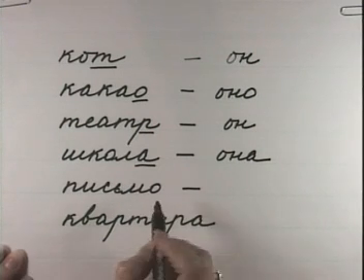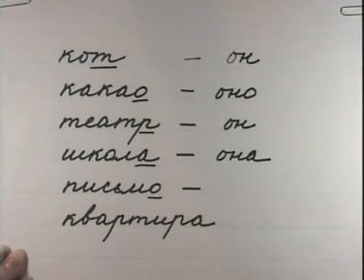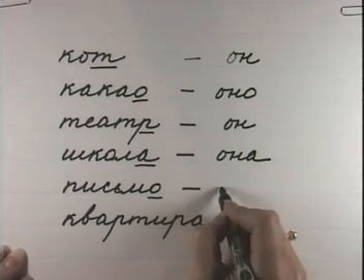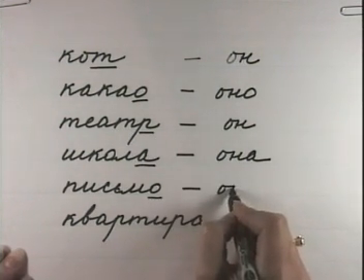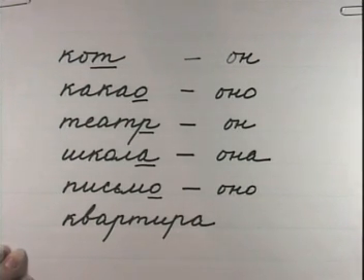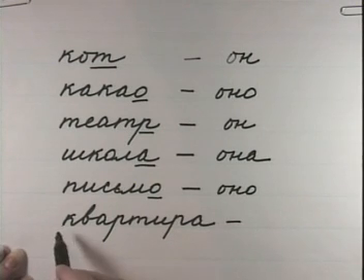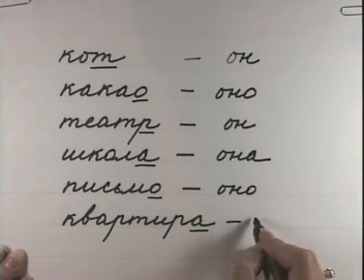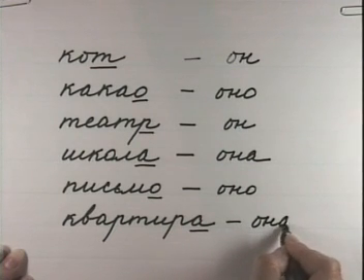Письмо. Look at the last letter. Tell me the gender. Neuter. So we can replace it with оно. And now квартира ends in а. Feminine. Pronoun она.